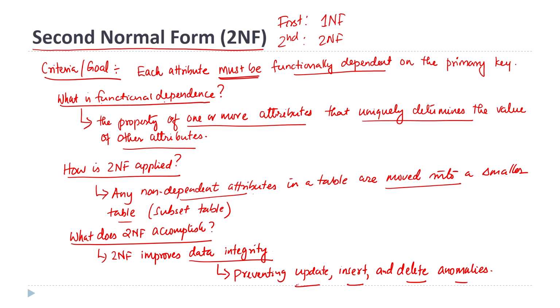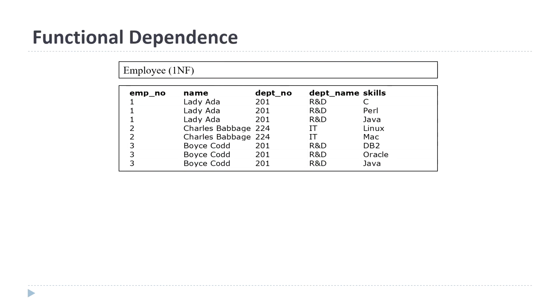Now let us take an example of the functional dependence. Let us see what functional dependence is. Let us take the table that was in the 1NF, the previous table, the same table that we saw before, where skills was a multi-valued attribute. We eliminated the multi-valued attribute and we got the table in the first normal form.